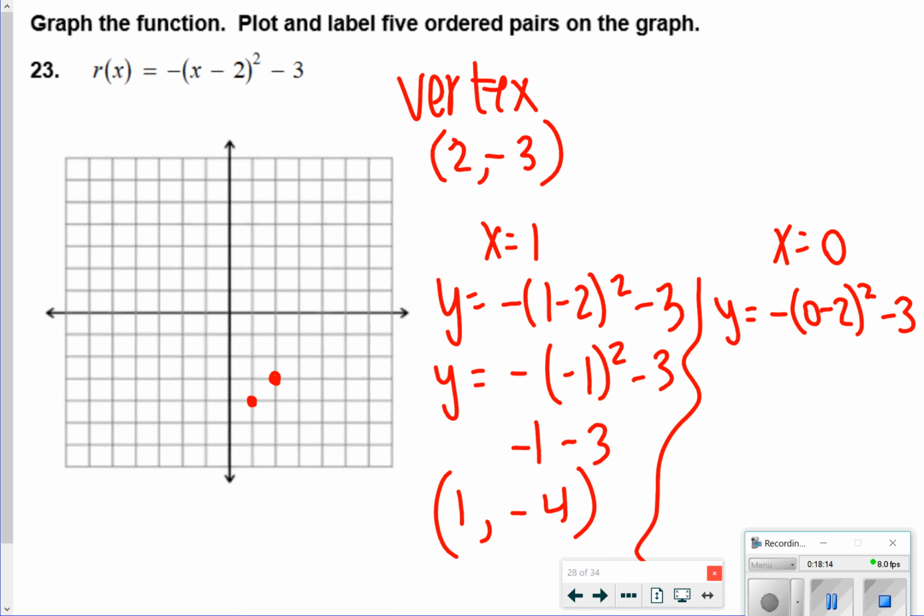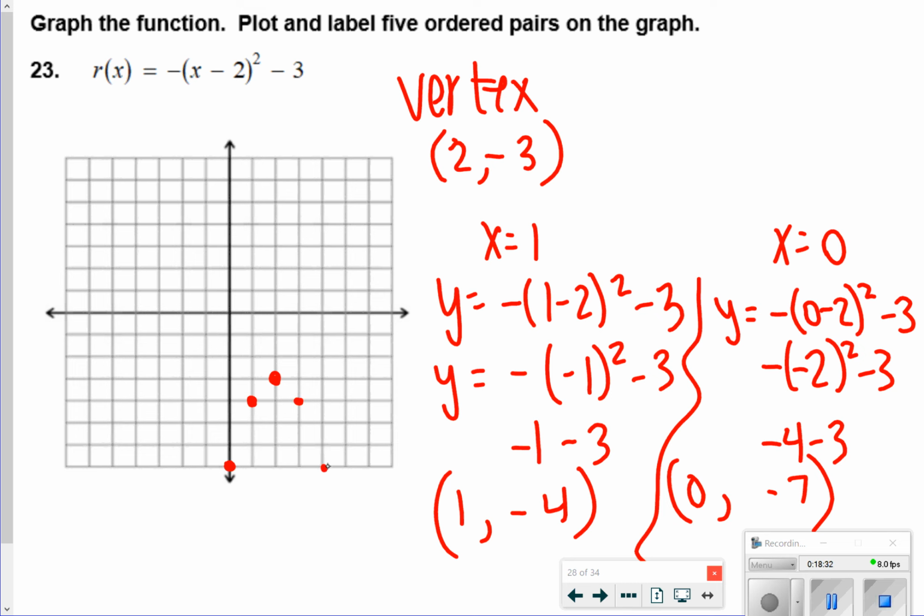And then going and solving, -2 squared minus 3, that's -4 minus 3, or -7. So my ordered pair there would be 0, -7, which is at that very end. And then you're just going to draw your other 2 symmetrical points and curve it.